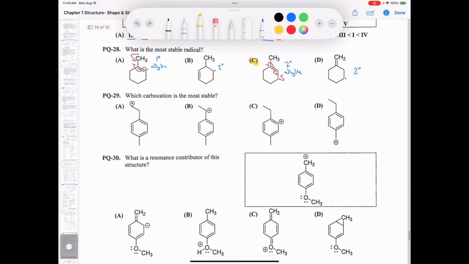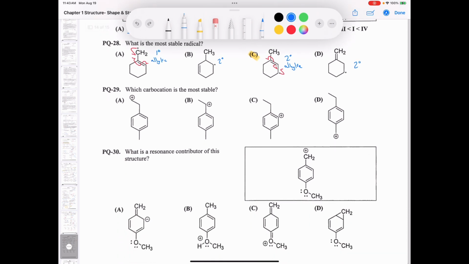Next one, 29. Which carbocation is most stable? The first one is just a plain old primary. This one is benzylic, so you can draw a lot of resonance forms, or 4 total resonance forms. Also, it's secondary benzylic. This one is vinylic. That one should just hurt your eyes. It's very unstable.